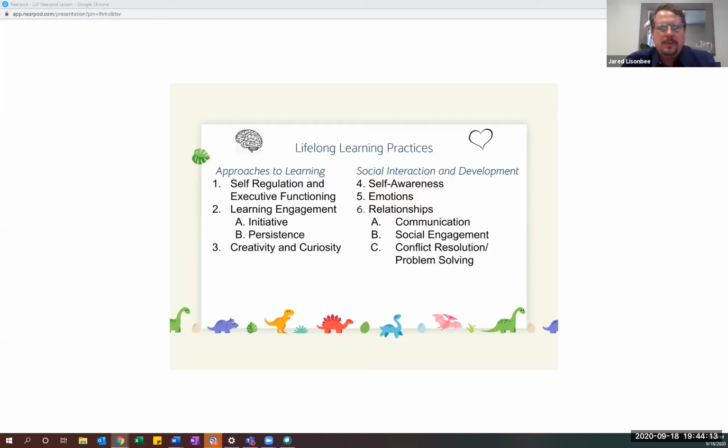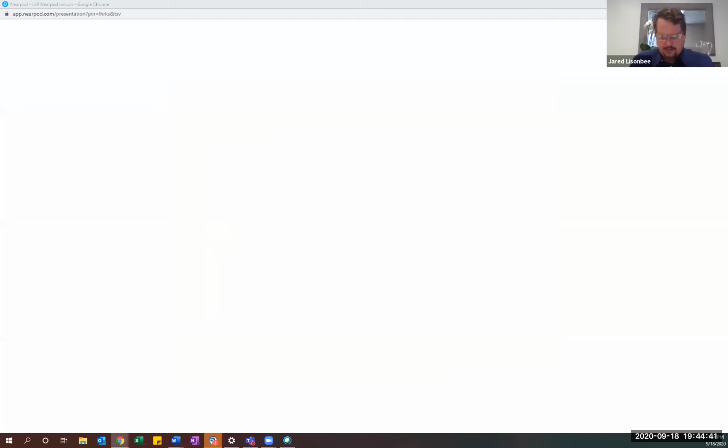The ability to respond to emotions in appropriate ways and develop relationships, the communication, social engagement, problem solving, those all rely very heavily on the cognitive component related to executive functioning. So yes, that's a way to think about them as separate, but these are all very much closely intertwined. It is indeed true that we're educating the whole child, not just the head or the heart. Go ahead to the next slide.